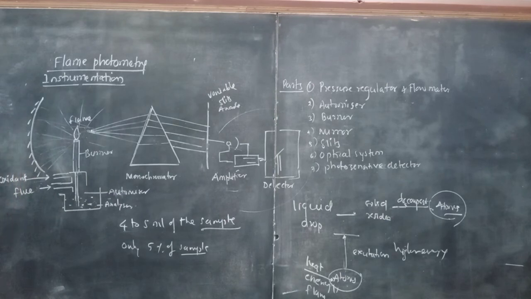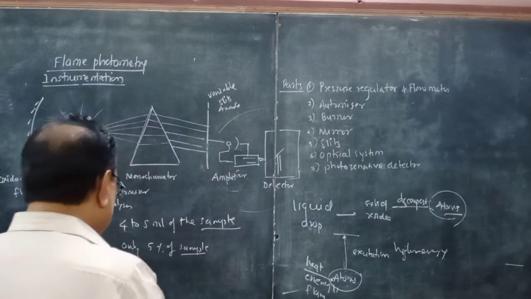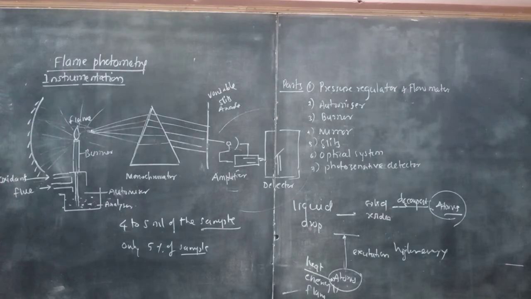The optical system functions as the collector and monochromator of the light, and focuses it on the photosensitive detector. The photosensitive detector takes the radiations and gives electrical signals, due to the radiations falling on it. The flame photometer restricts the bandwidth as well as the radiant energy reaching the phototube.